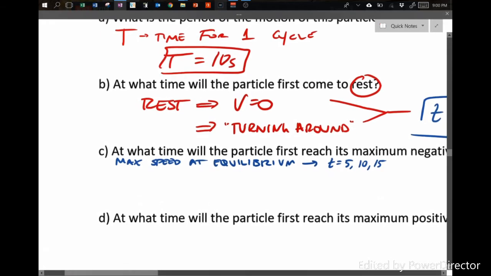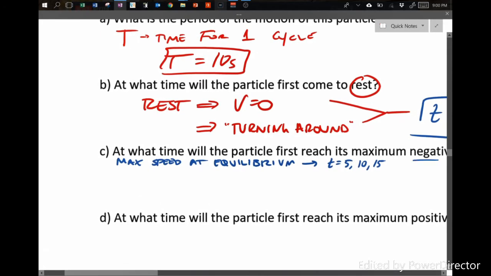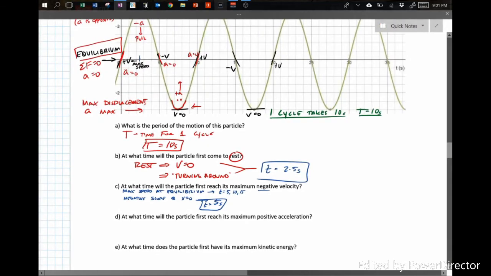But if I wanted to have negative velocity, we need negative slope at equilibrium at the position equals 0 point. That only happens when time is equal to 5 seconds. My first maximum negative speed is right there where it's pointed down.